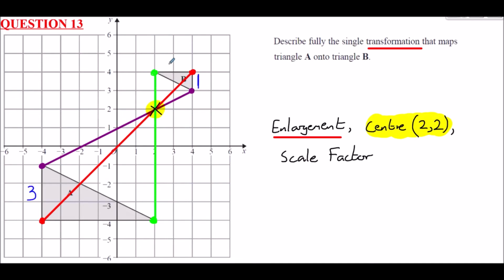If you wanted to, you could pick this side. That is 2, but it used to be 6. So to go from 3 down to 1, or indeed from 6 down to 2, what have we divided by? Well, the sides have been divided by 3. In other words, the shape is only 1/3 the size it is now.